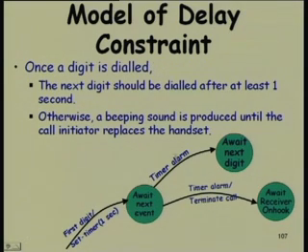Now, let us see the delay constraint modeling. The example that we had taken for delay constraint is that once a caller dials one digit on the telephone, the next digit should be dialed at least after 1 second. If it is dialed too quickly, then there will be an error and a beeping sound will be produced until the caller replaces the handset.